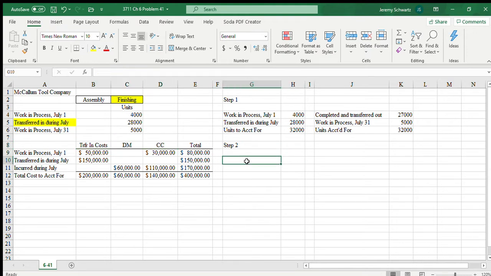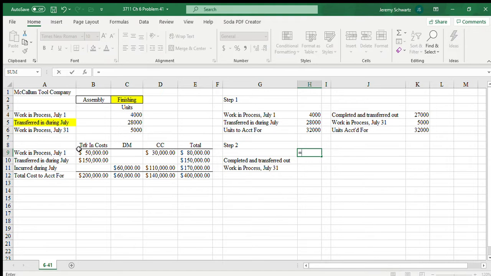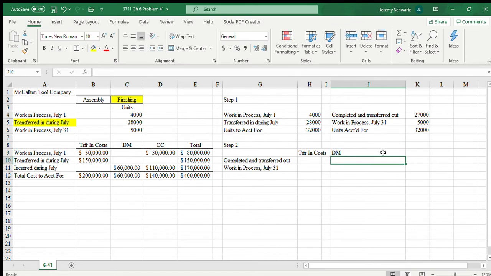So here what we would want to do is do our completed and transferred out. Looks like we'll have to expand that a little bit. And then our work in process ending. And so then we will have this be the same for our transferred in costs, and then our direct materials and conversion costs.